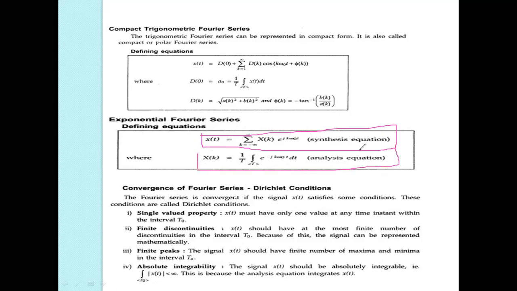The analysis equation we mostly use for the proofs of Fourier series. X[k] is the Fourier series coefficient, equal to 1/T times the integral over T of x(t) e^(-jkω₀t) dt. Understood, my students?